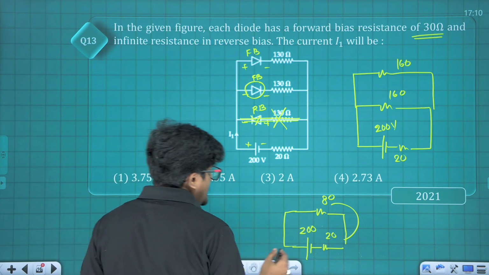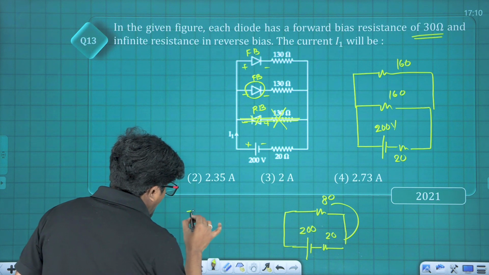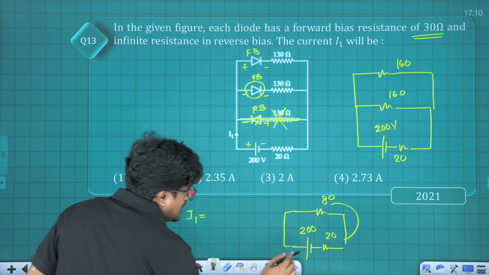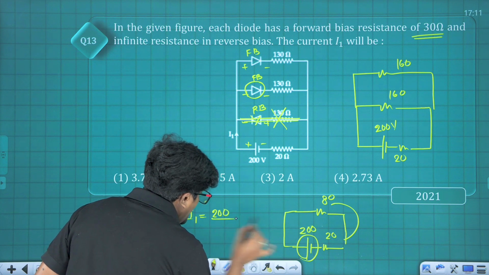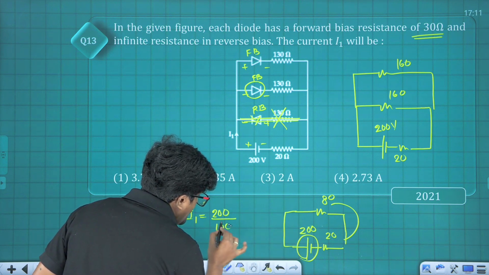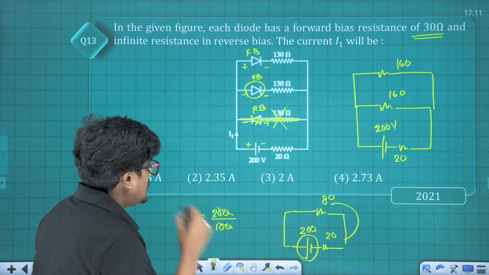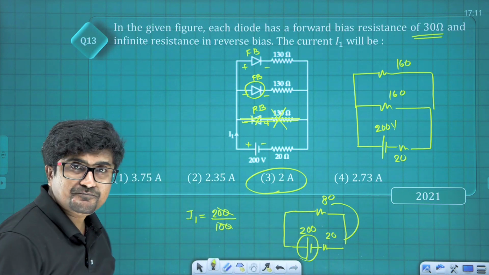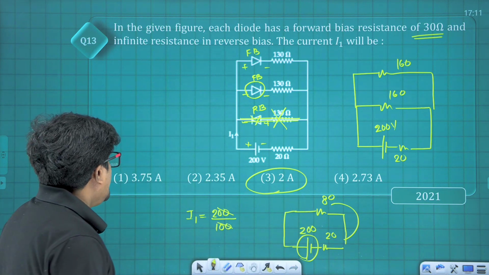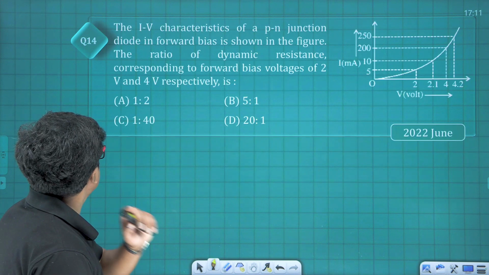Now the question is, what is the current? So the current I1, that is the potential difference offered, it is 200, and what is the total resistance? It's 100. The answer needs to be 2 ampere, that means option 3 is going to be my correct answer. Okay, yes. Now let's move to the next, that is question number 14.